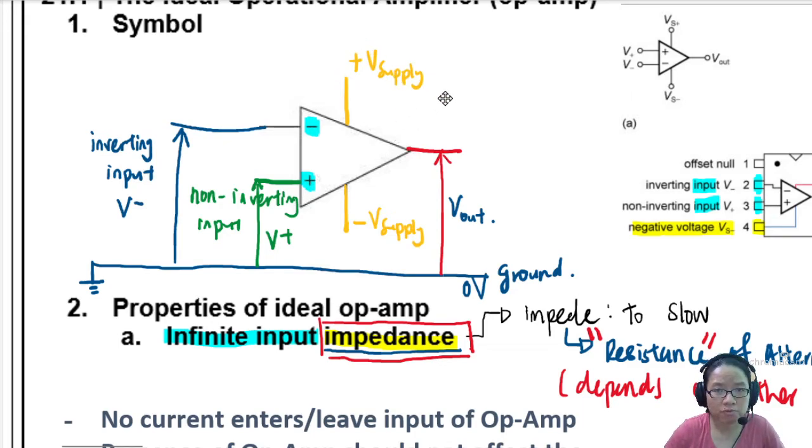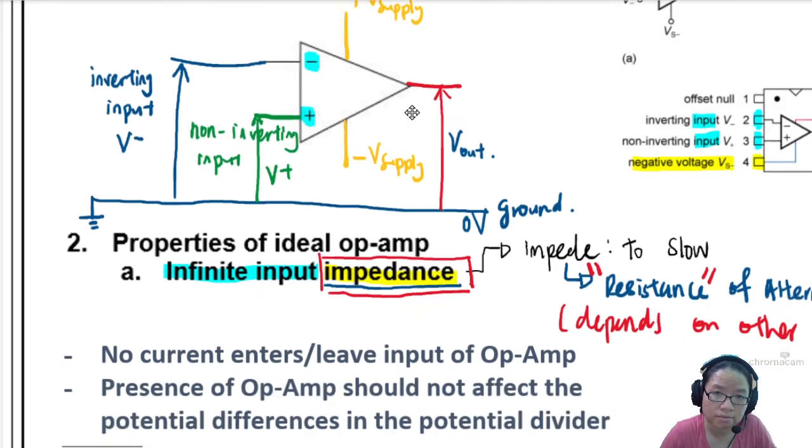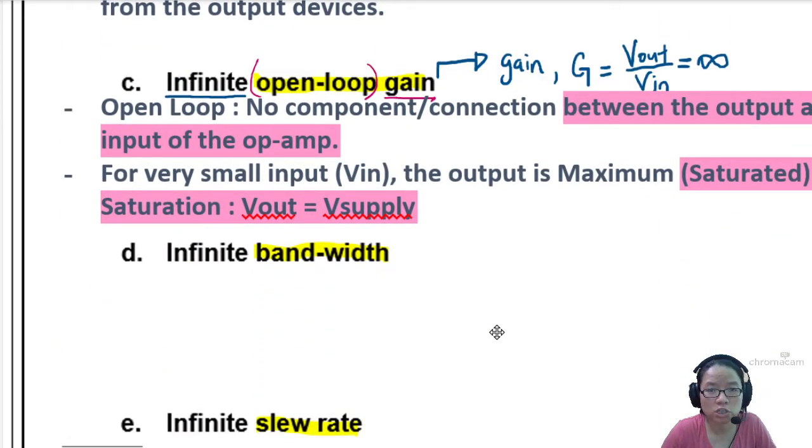Okay, so this supply voltage is the maximum amount of power, because remember, voltage is work done per unit charge. So any form of energy references or power references, we go back and look at the voltage. So this output, the largest it can be, is the largest that the supply can provide. No larger than that. All right. So this means that when saturated, your output is equal to your supply voltage. And from the idea of conservation of energy, this output is either less than or equal to the supply.